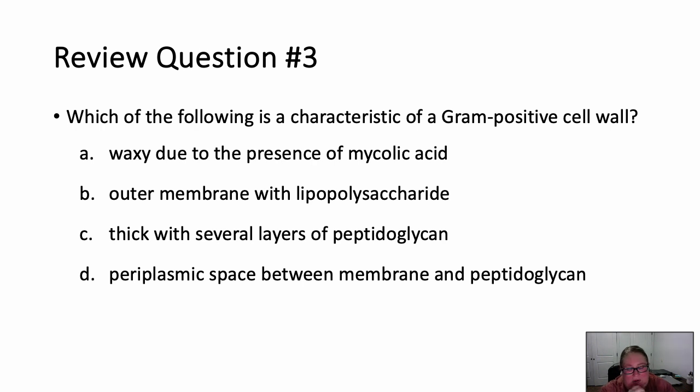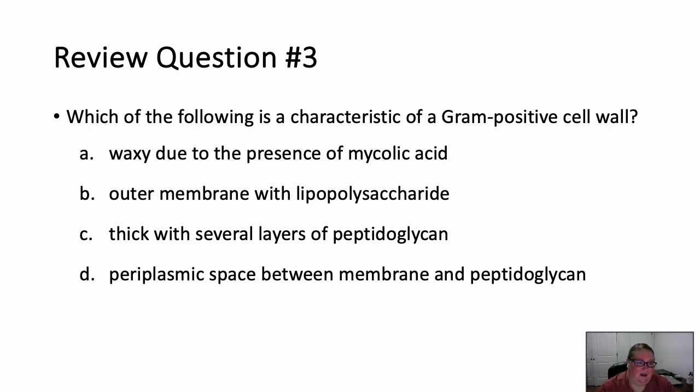This is actually a great question because it can be easily reworded to go after the other two types of bacteria we talked about in this lecture. The answer for this one is C, thick with several layers of peptidoglycan. That's the defining feature of gram-positives. We could put in gram-negative or mycobacterium in for gram-positive, and this question would still work.